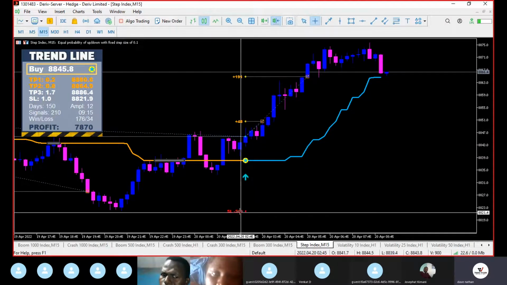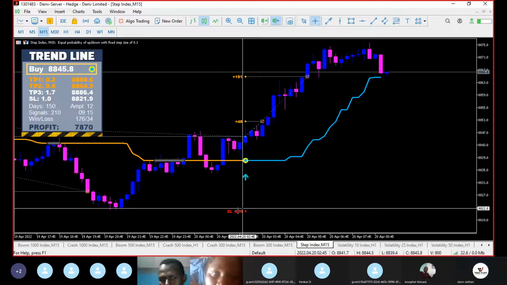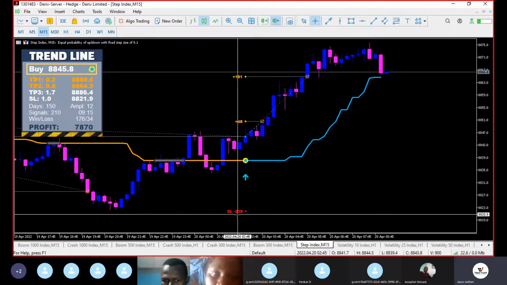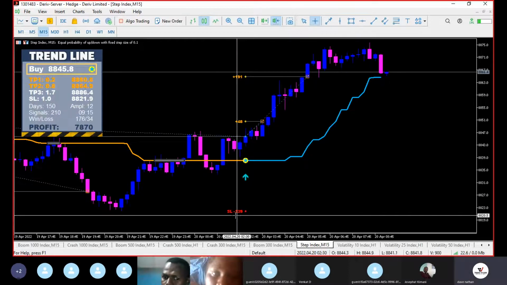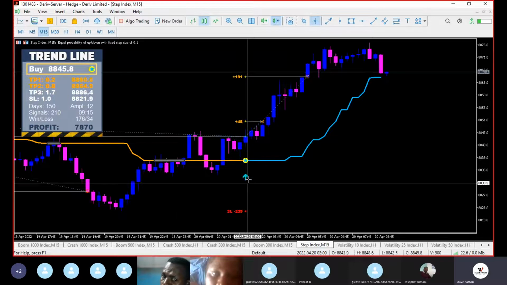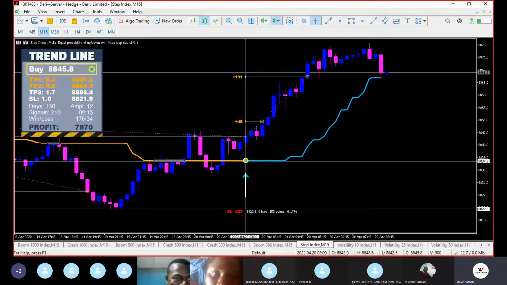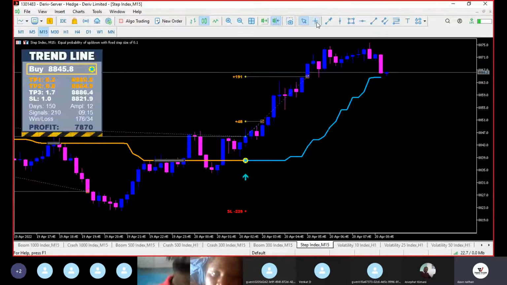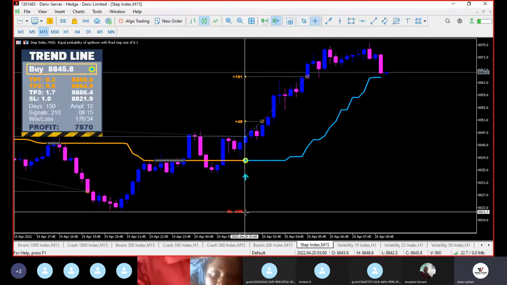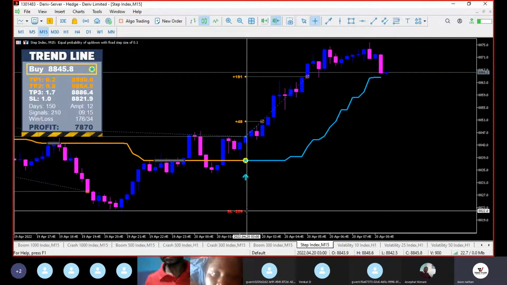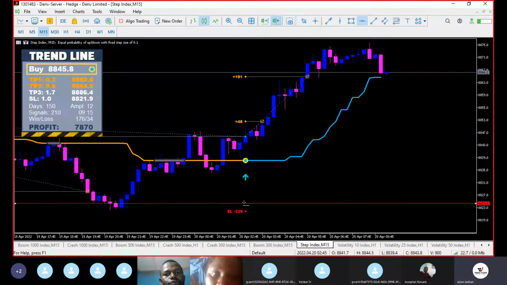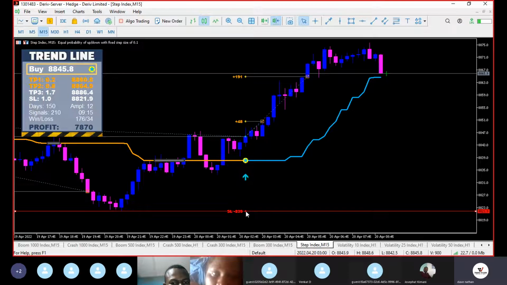Over here you can see that it's saying -239. I cannot really verify from this point to this point if that is the correct number of pips. But notwithstanding, at this point, this is where it's saying you should place your stop loss.